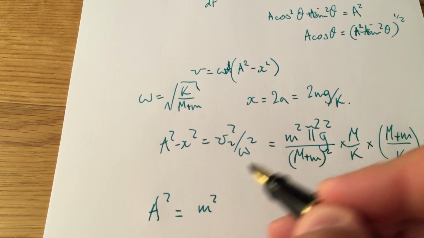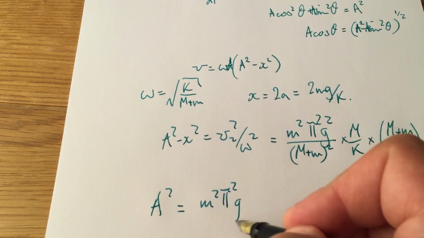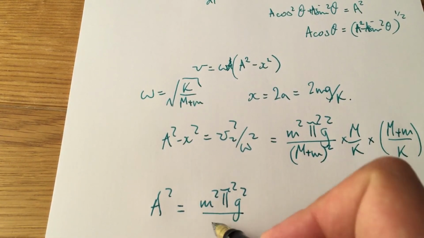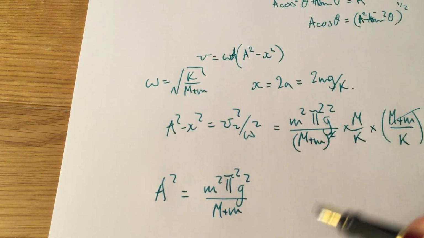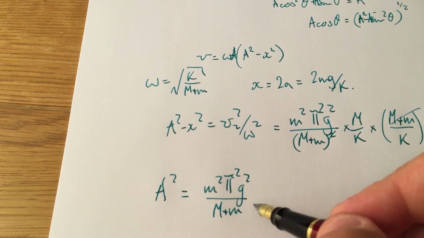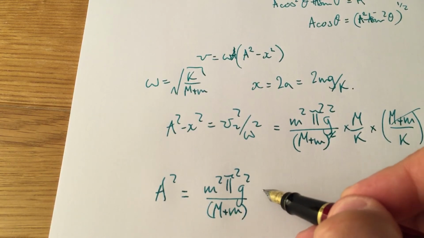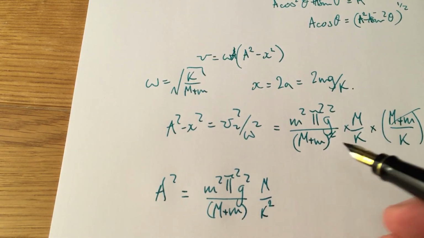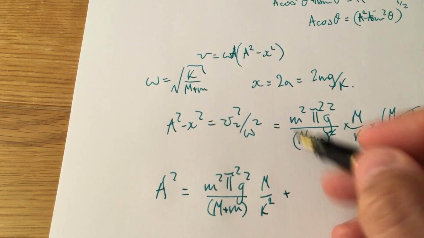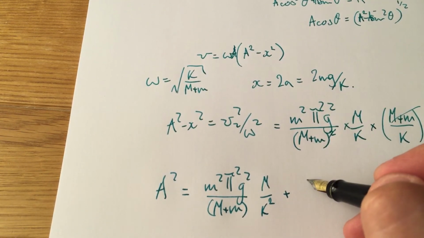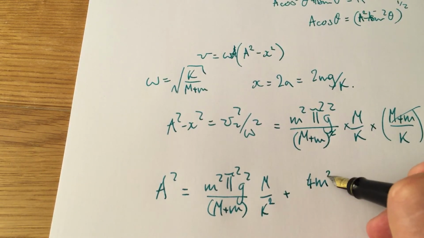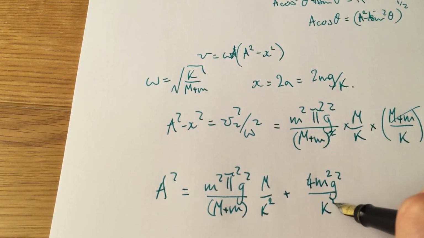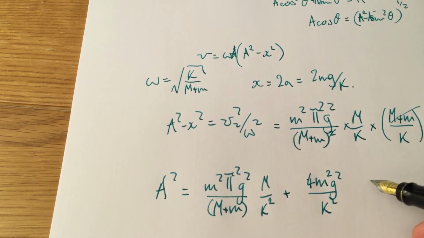So m squared pi squared g squared over m plus m, let me take out one of those, m over k squared plus x squared, which is 4 m squared g squared over k squared.